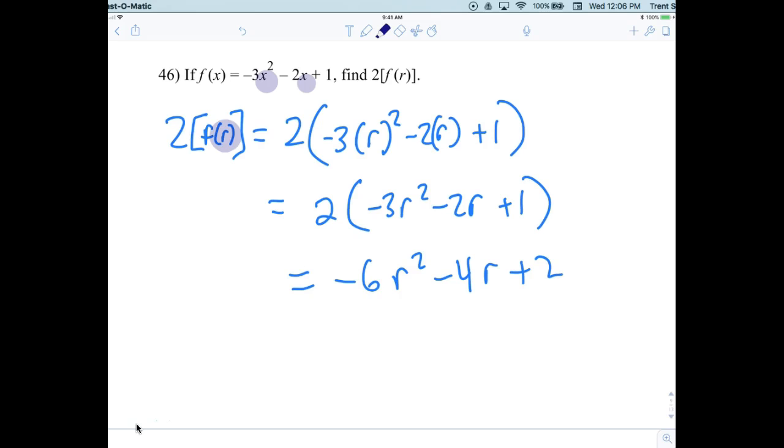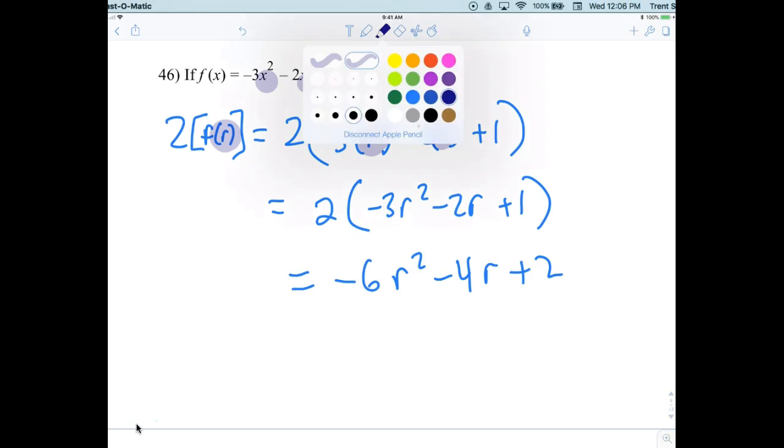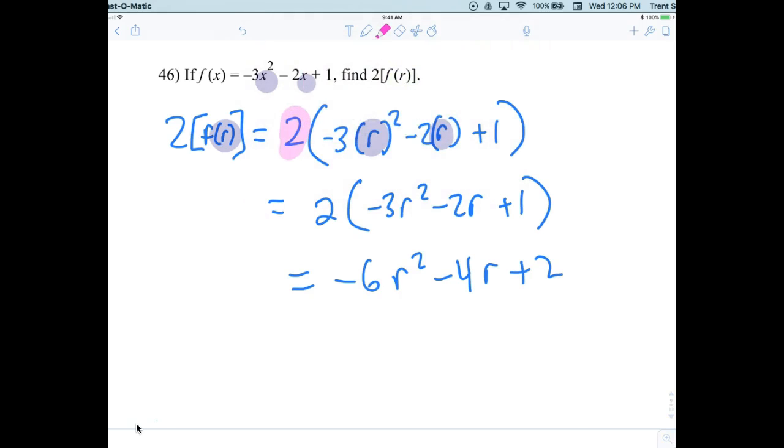That's all I did. And after I changed them to R, I then multiplied everything by what? By 2. You with me? So each X became an R, right? All right, good question. All right, moving forward.